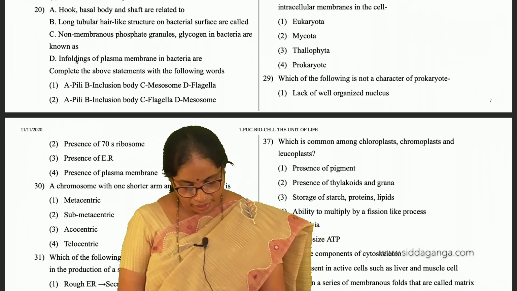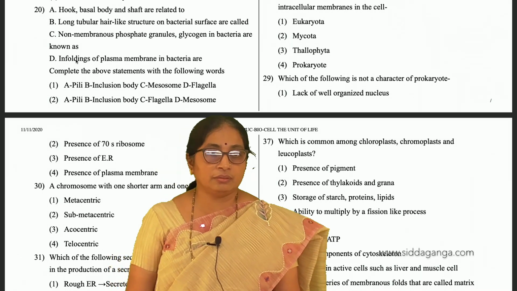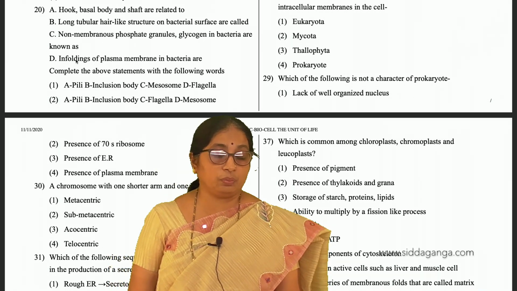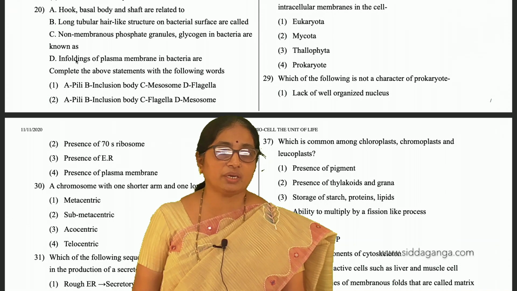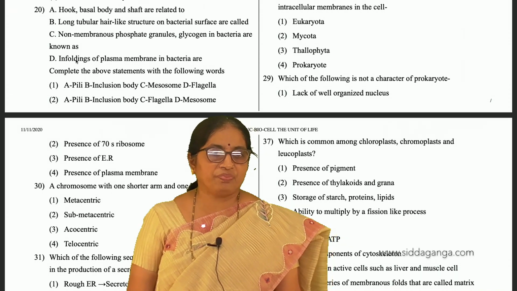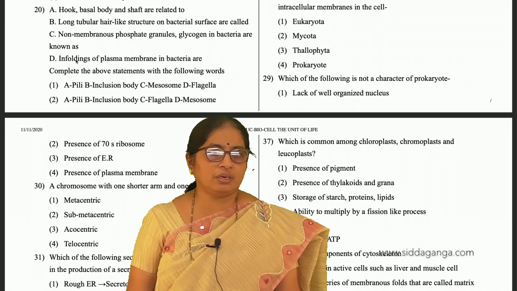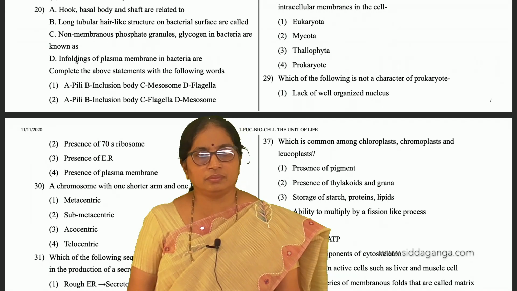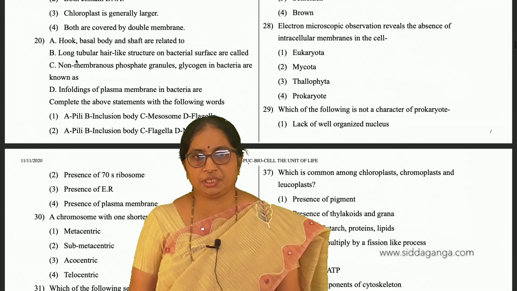So question 20, option A, the statement A tells hook, basal body and shaft are related to. They are all related to the... Is there an option? Only 2 options are there.